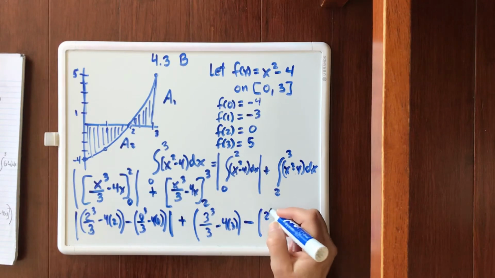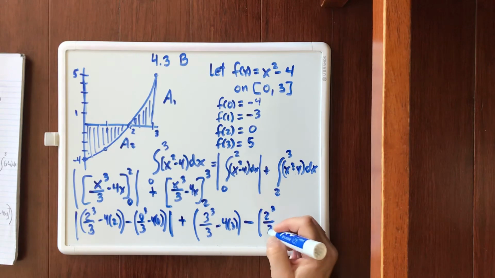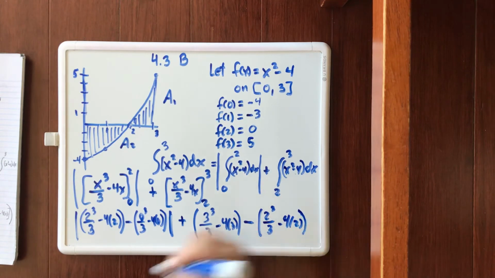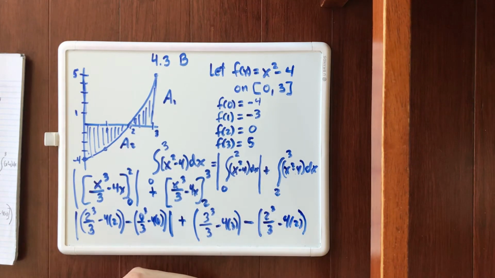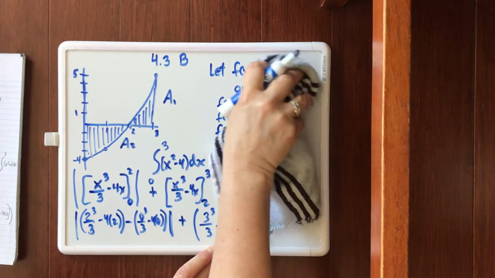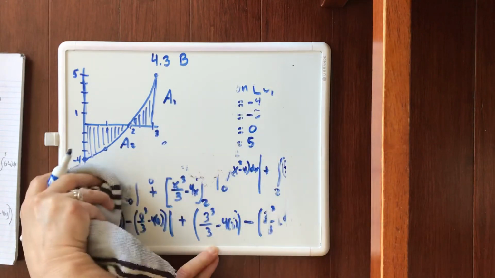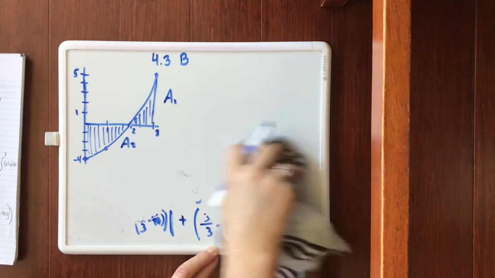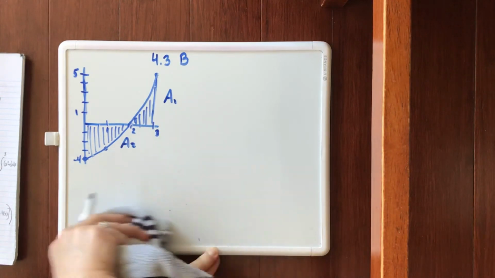So we have 2 cubed over 3 minus 4 times 2. Okay. All right, I'm going to erase this now, and we're going to continue on with this problem. I'll just keep this picture up here while we work on this problem.